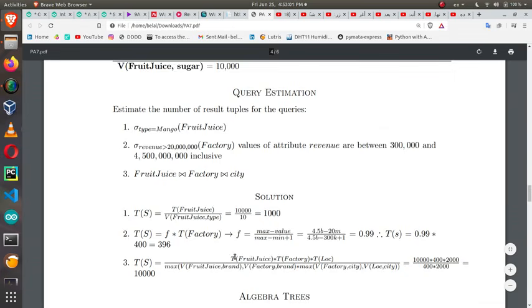I'm talking about the denominator. Let's first join fruit juice and factory, get the maximum value of the distinct values for these two tables, then join factory with location, and then join factory with brand.